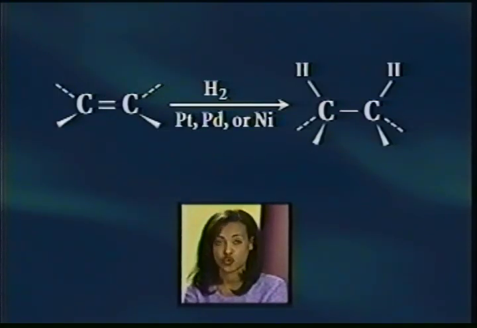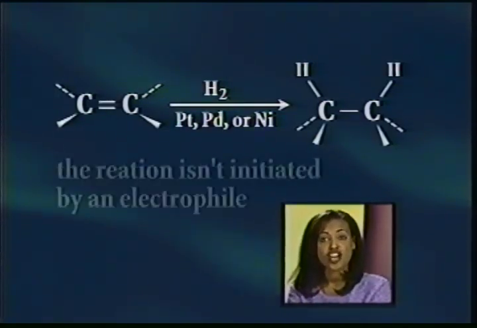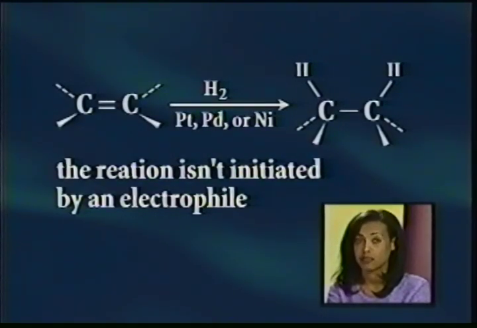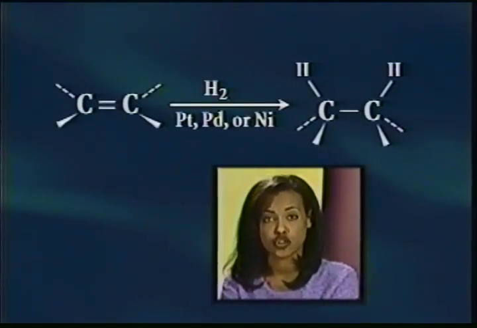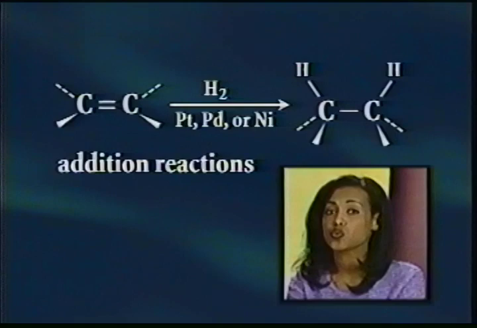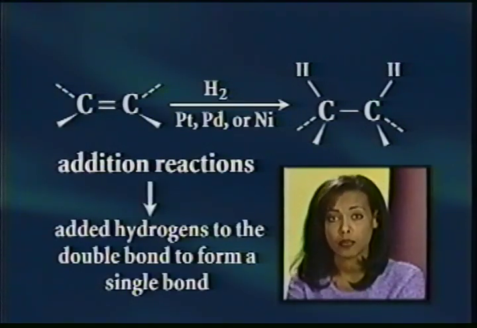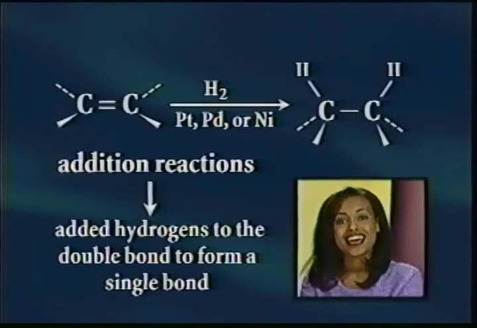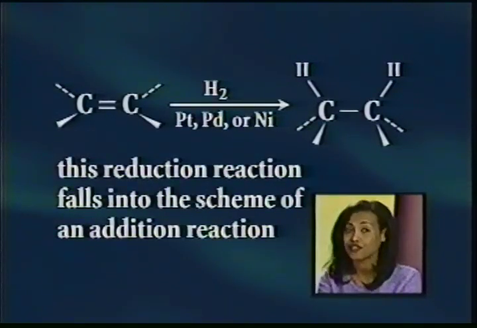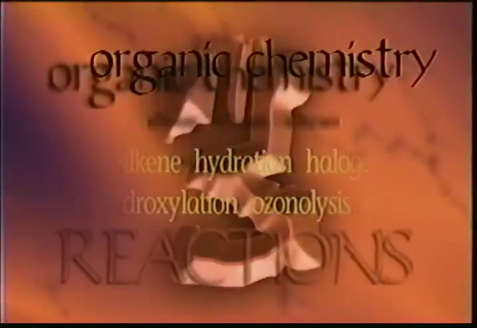Unlike the other addition reactions we talked about, however, the reaction isn't initiated by an electrophile, so the reaction appears a bit different. We're talking about this reaction during addition reactions because we've added hydrogens to the double bond to form a single bond. So, like we said, this reduction reaction sort of falls into the same scheme of an addition reaction.